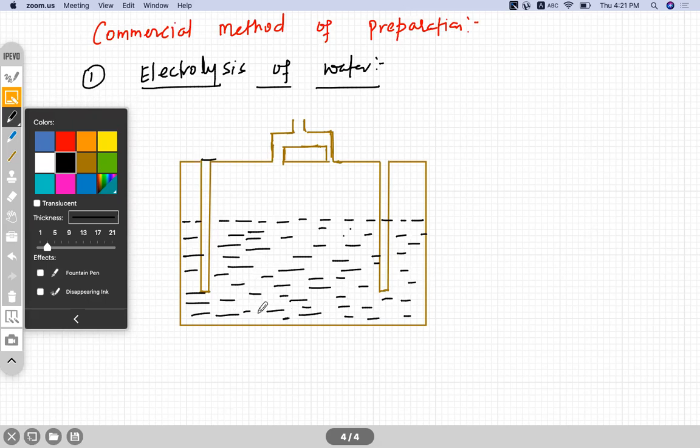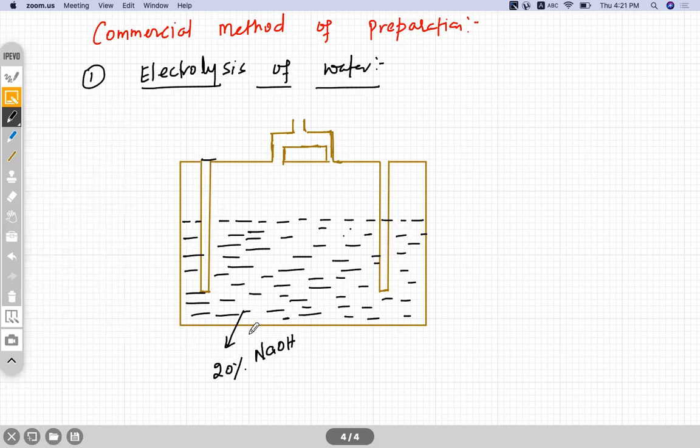This is water with 20% NaOH. Pure water is a bad conductor of electricity. To make it a good conductor, we add NaOH into it. We can also add H2SO4 for this purpose.